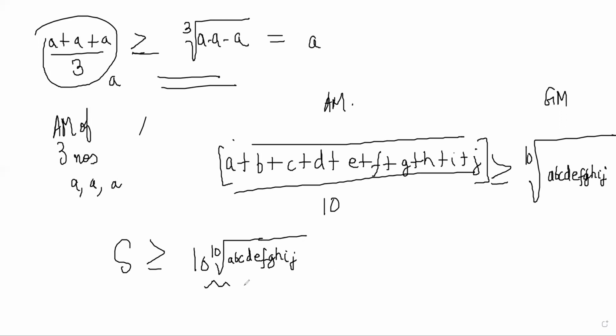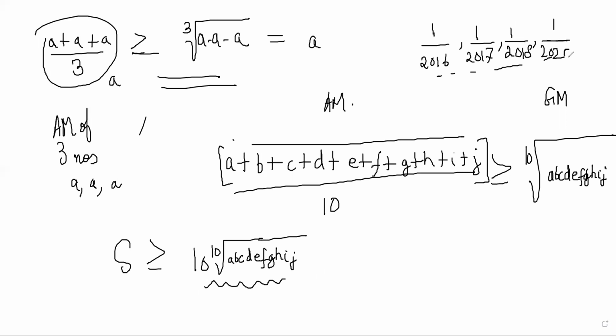Now, notice that these numbers are all very small and not very far apart from each other. Because they are so small, the differences are quite tiny. 1 by 2016, if you do the decimal, will be 0.00 something, and 1 by 2017 will not be too far away from it.